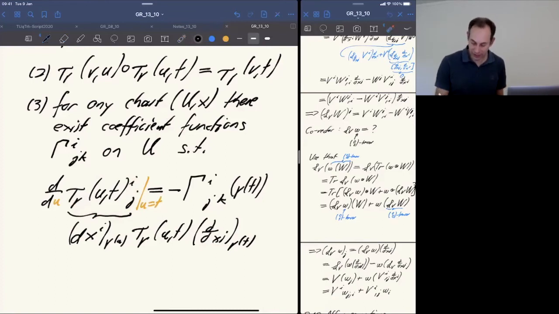And this is encapsulated by saying on the right-hand side, there's no longer the gamma appearing. You see, on the left-hand side, I have the gamma, the whole path. And on the right-hand side, I only have the velocity or the direction vector of gamma at the point where I start.